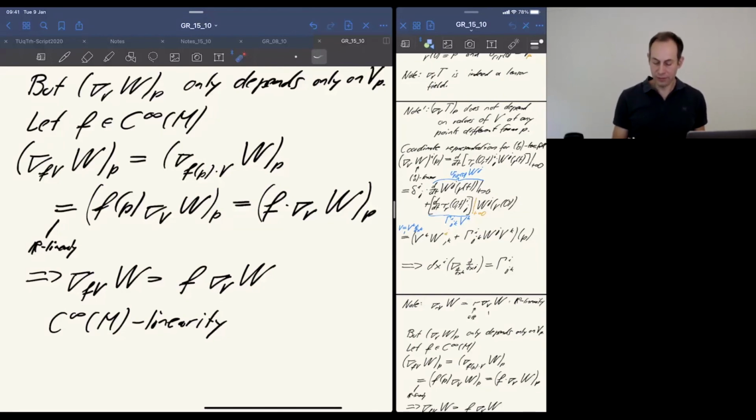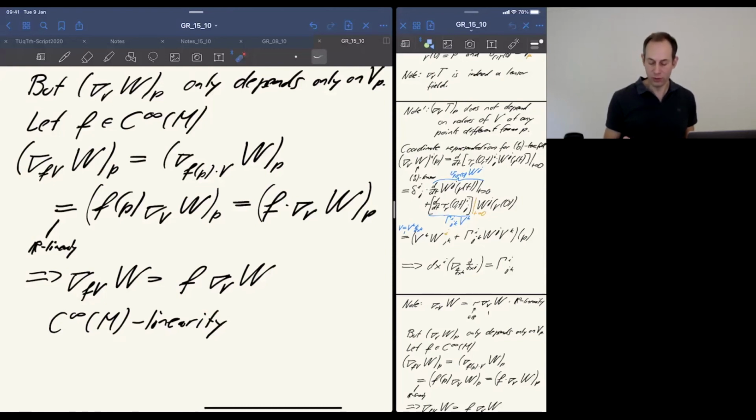If I have some expression that is C infinity linear, then this means that it's actually pointwise only depending on the value of this argument at that point. We will see that later in a concrete example if that wasn't clear, but essentially my claim is here we showed that because the covariant derivative only depends at each point on the vector at that point and not on the whole field, it is C infinity linear.